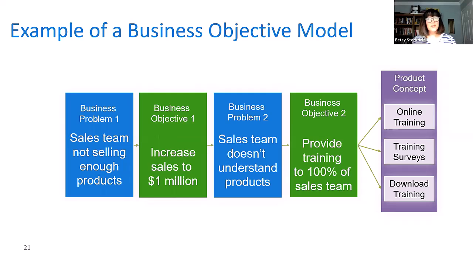I'll tell you from my experience, the hardest thing here are the objectives, right? We tend to want to go automatically into solutioning mode because that's what we do all day. We're solving problems all the time. And so we'll look at that, the sales team isn't selling enough. And instead of saying increase sales, where we want to go is, well, we're going to do this for them and we're going to build this and we're going to provide that.